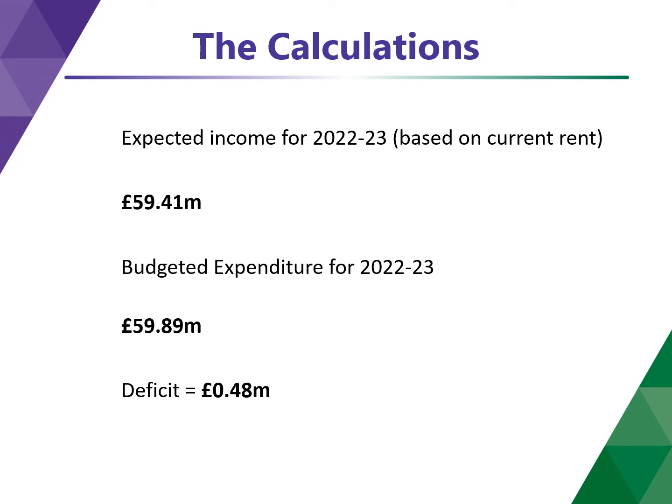On this slide, you will see the calculations. The expected income for 2022 to 2023, this is based on current rent, and the budget expenditure for 2022 to 2023. There's a deficit of 0.48 million.